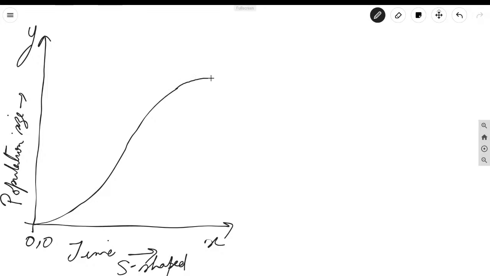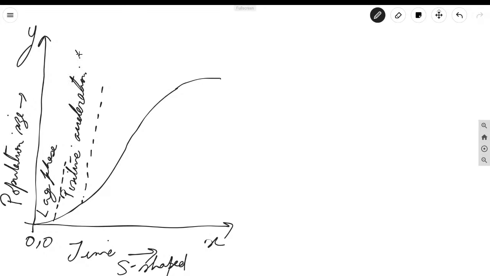So till here it will be lag phase, LAG. Now this one will be the positive acceleration phase. This is the exponential phase.